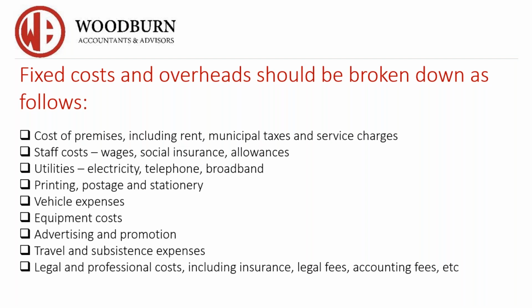Under utilities, I have broken it down into electricity, telephone, broadband. Because if, for example, you don't break that down and you see year on year that utilities increase, but you don't actually know which utility is increasing, is it electricity? Is it telephone? Is it broadband? How can you evaluate and make a decision to change a service provider?